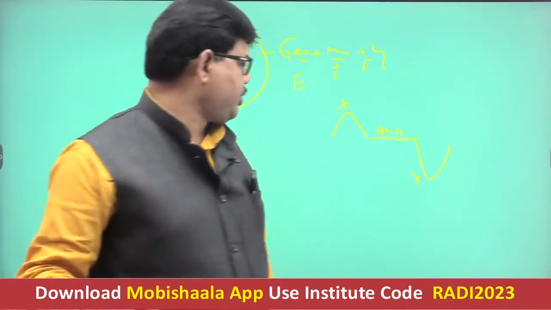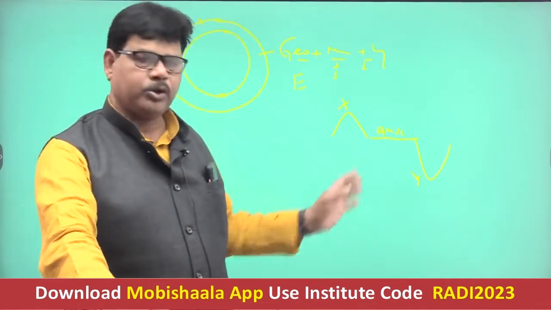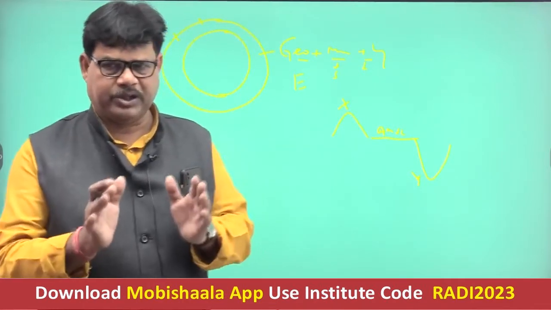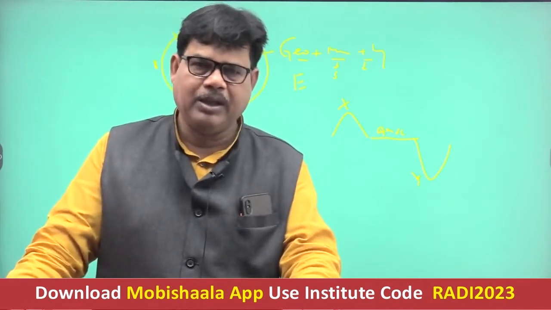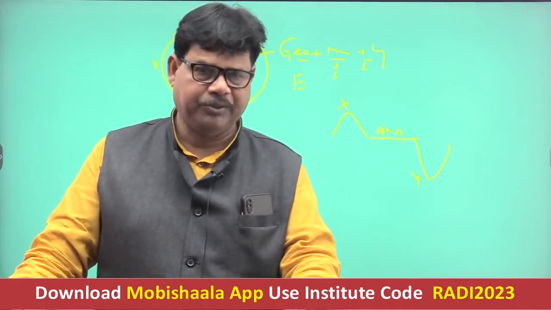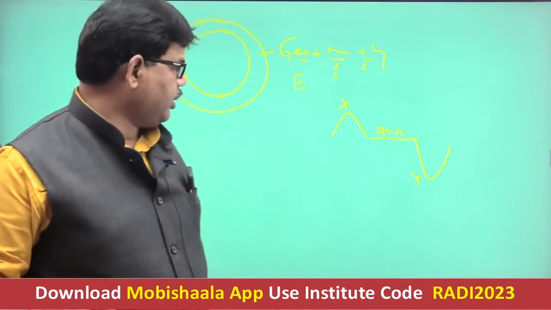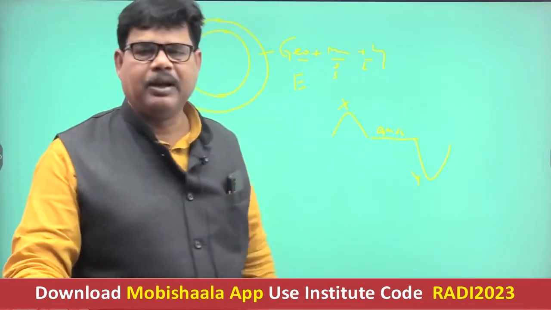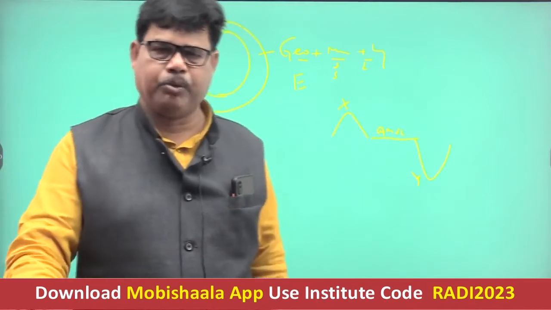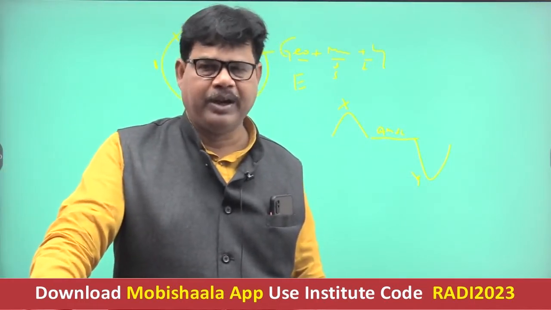It means X is a vertical irregularity and Y is also a vertical irregularity. X is a landform, that is a relief feature, and Y is also a landform, a relief feature. Since X is located above sea level, X is an example of positive landform and Y is an example of negative landform.